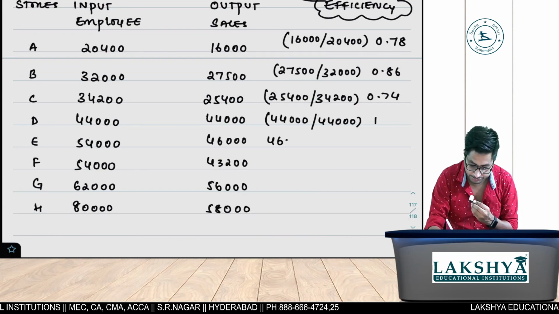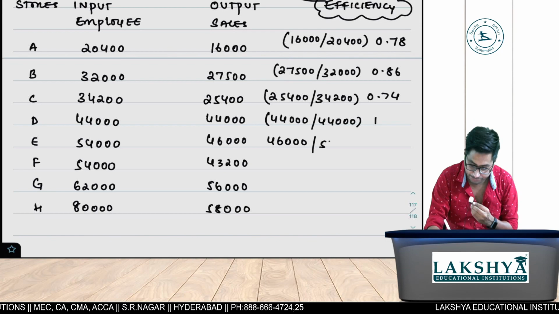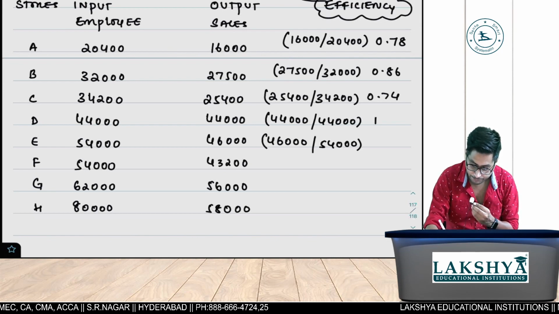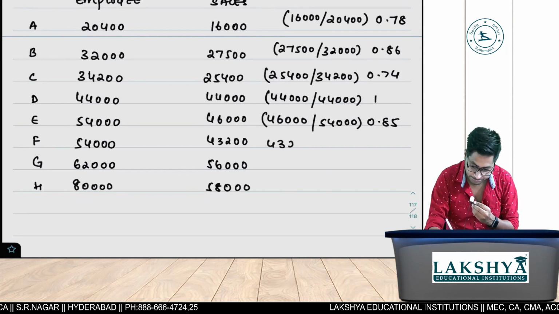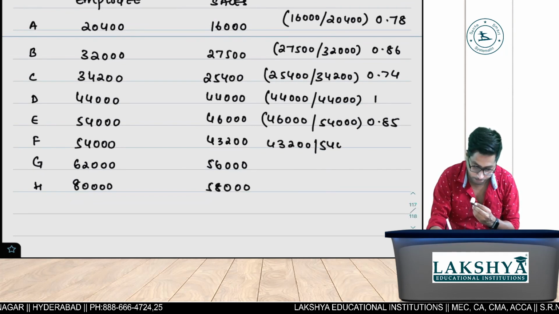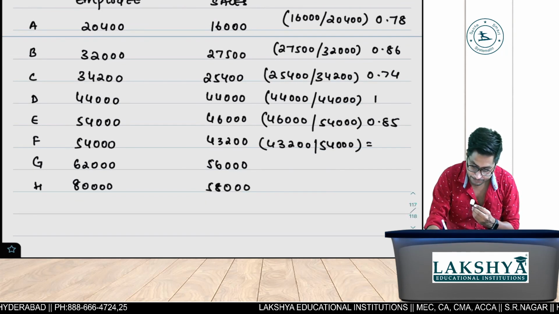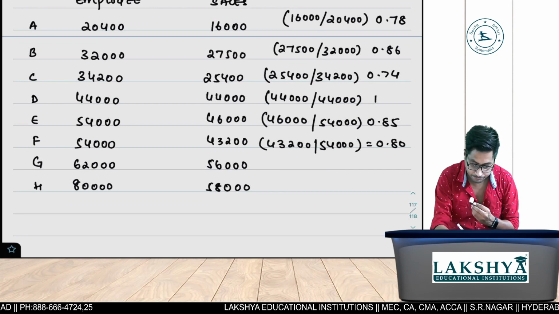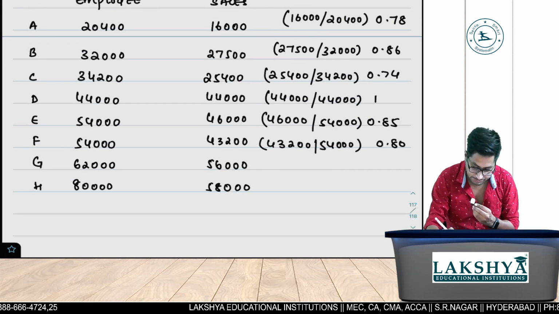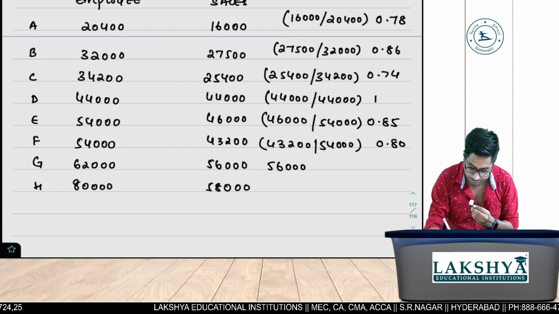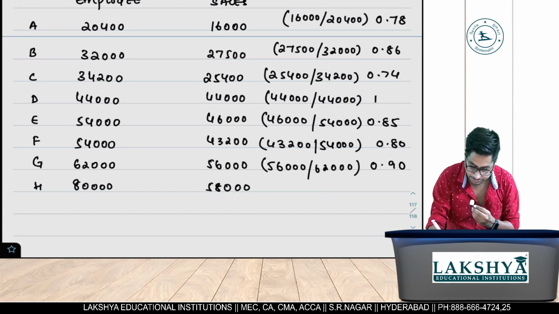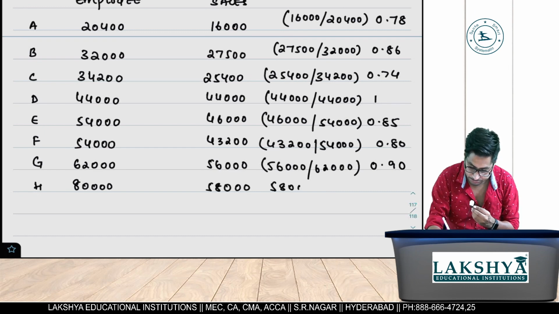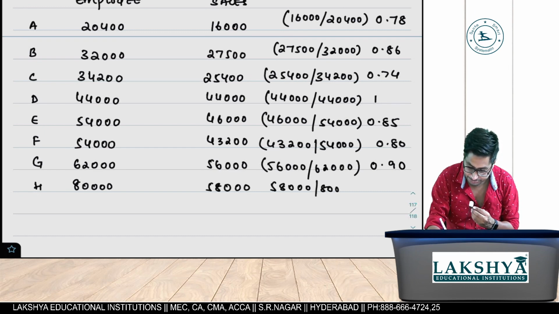Next, 46,000 divided by 54,000. 0.85. Next, 43,200 divided by 54,000. 0.80. Next, 56,000 divided by 62,000. 0.90. Next, 58,000 divided by 80,000. कितना आता?